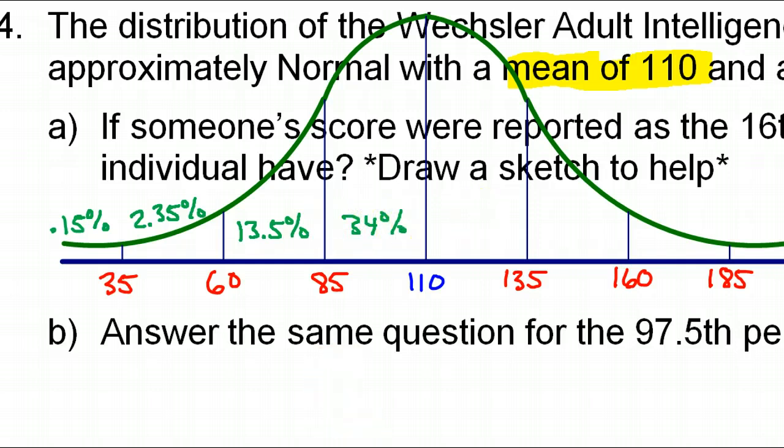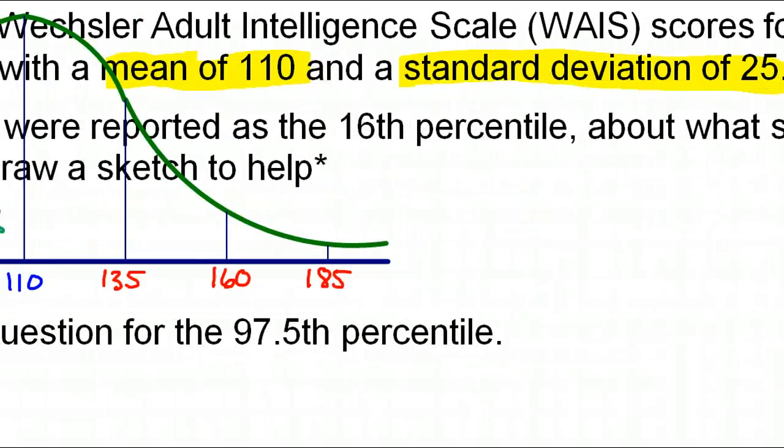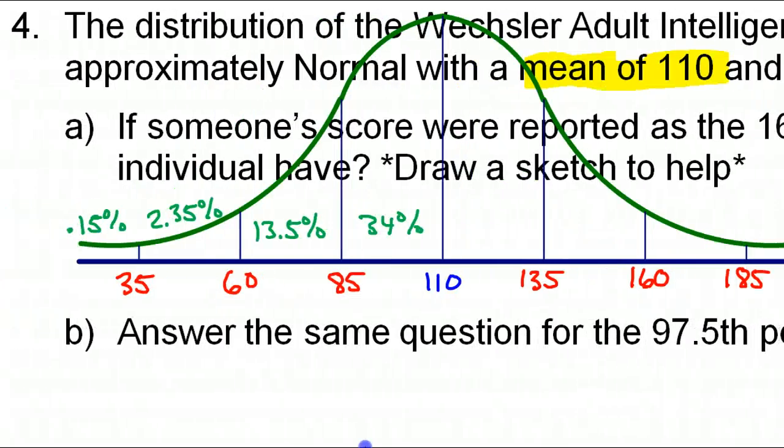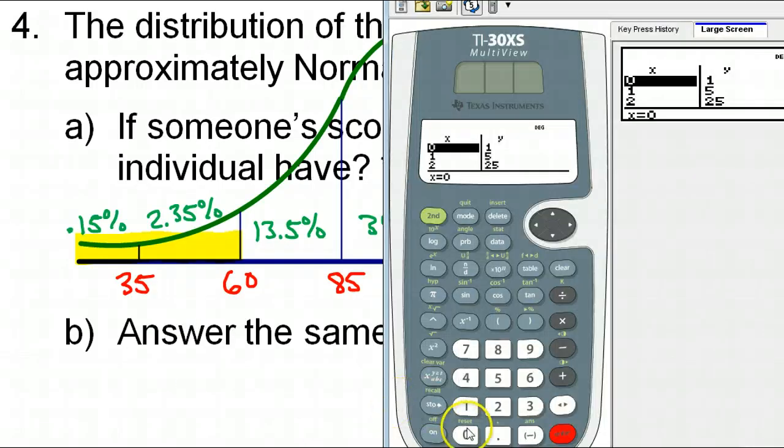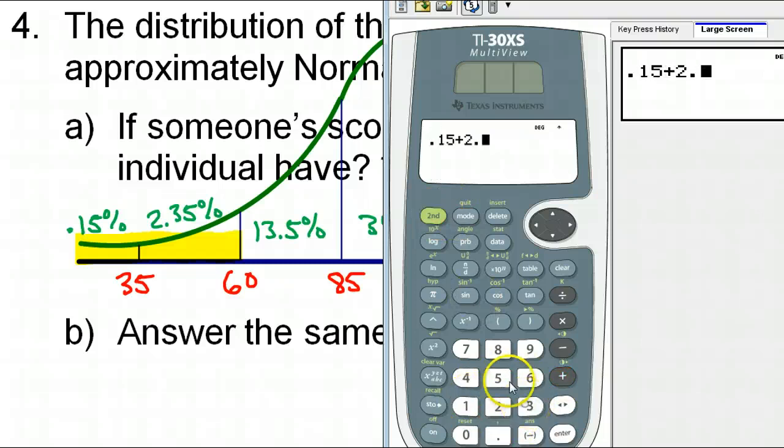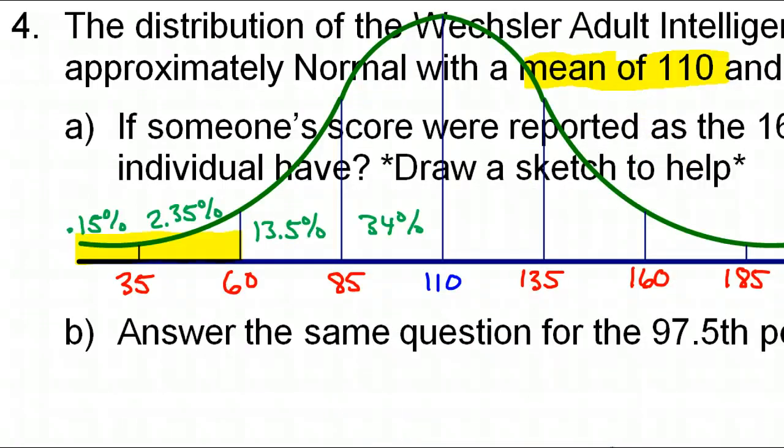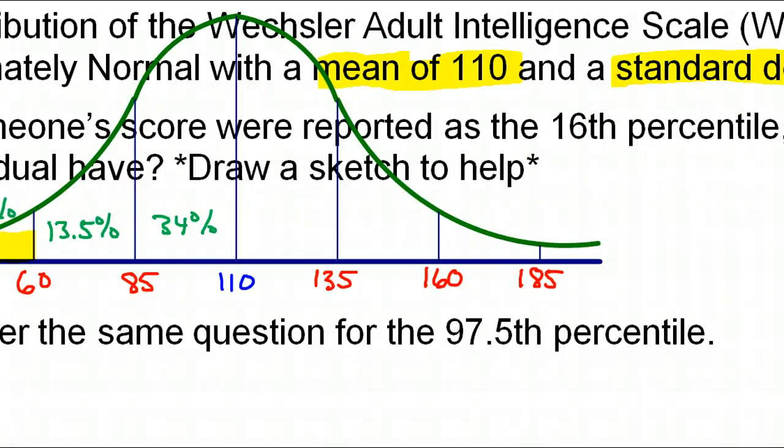Now, if I want to know where the 16th percentile is, I need to start adding up these numbers from the left. Obviously to here is just 0.15%. But if I go 2 zones, that is 0.15 plus 2.35. So far I'm up to 2.5%.